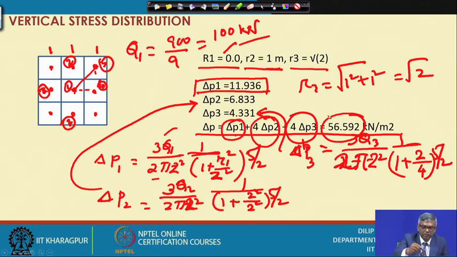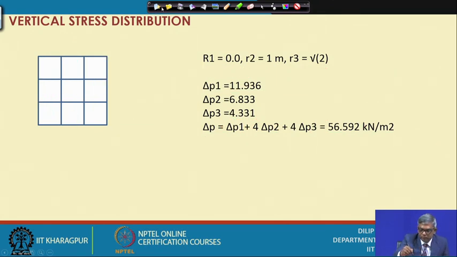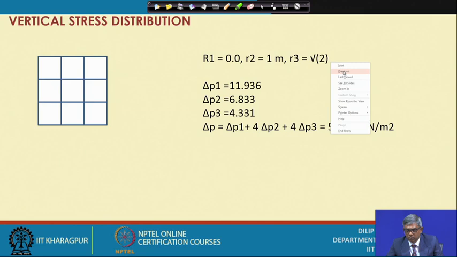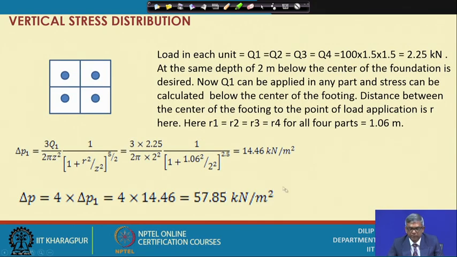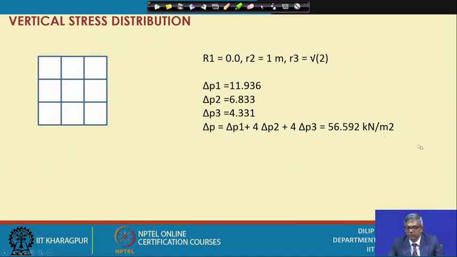I can show you again this one. This is actually 57.85, whereas we are getting here 56.59, that is quite close.